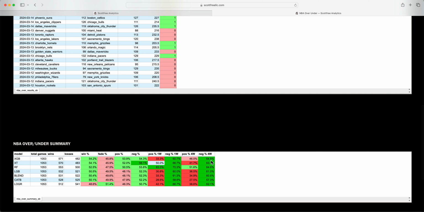It doesn't matter what model, even lowly CatBoost here has a 50% winning percentage on predicting unders. And like I said, some people have been using this XGB XT strategy to basically make bank over the past 4 weeks.